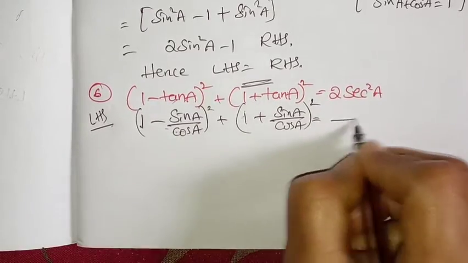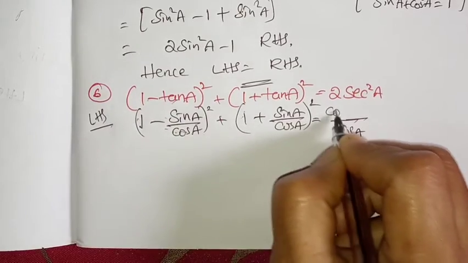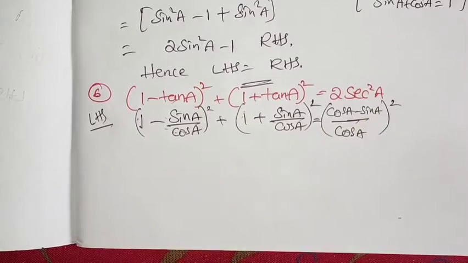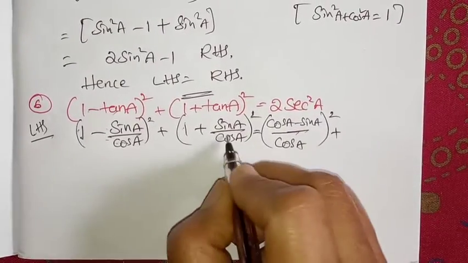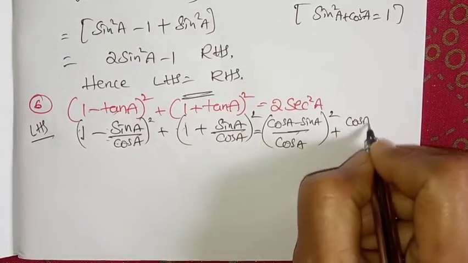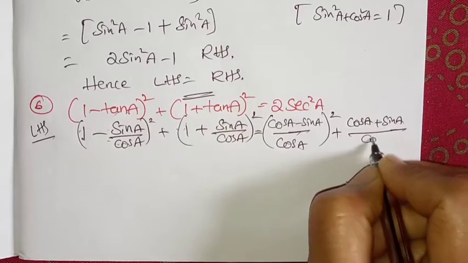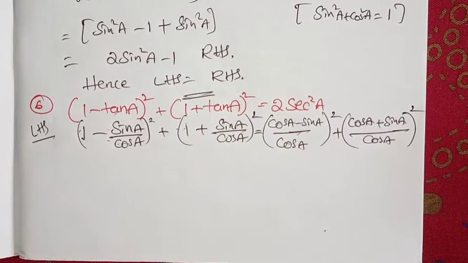So cos a is the LCM. ((cos a - sin a)/cos a)^2 + ((cos a + sin a)/cos a)^2.